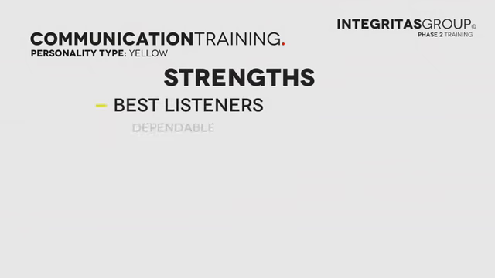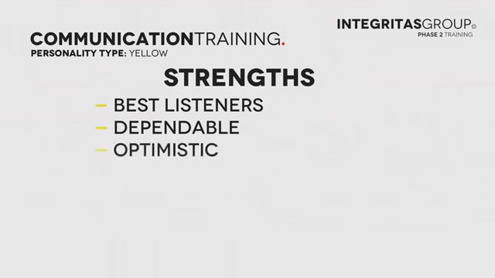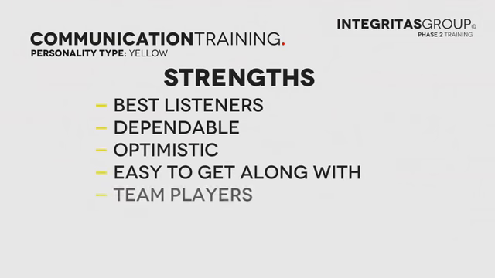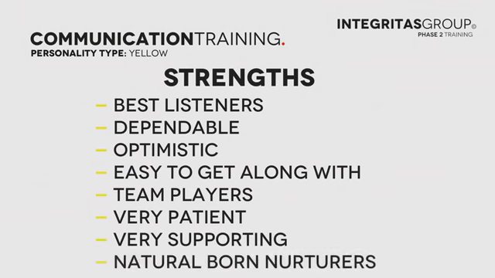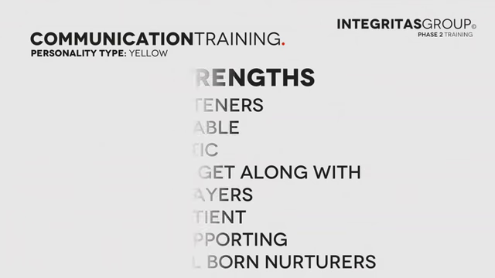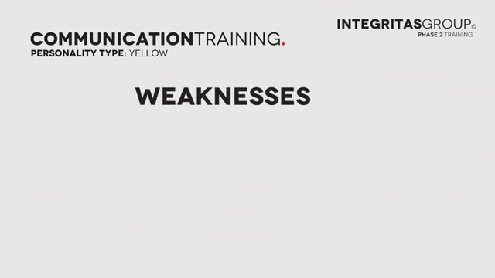Their strengths and weaknesses. Strengths of yellows: they're the best listeners, they're dependable, they're optimistic, really easy to get along with, team players, very patient, very supportive of others, and natural-born nurturers. Weaknesses: they can sometimes be overly sensitive.